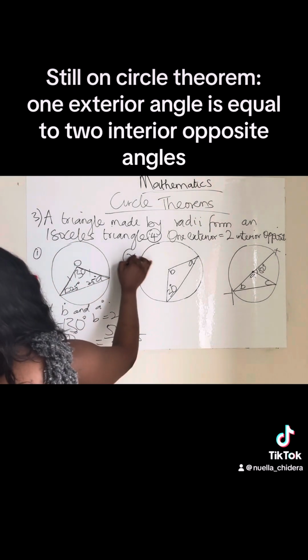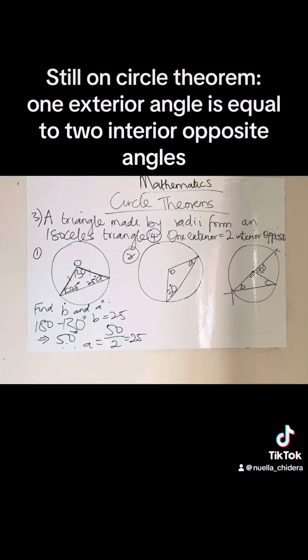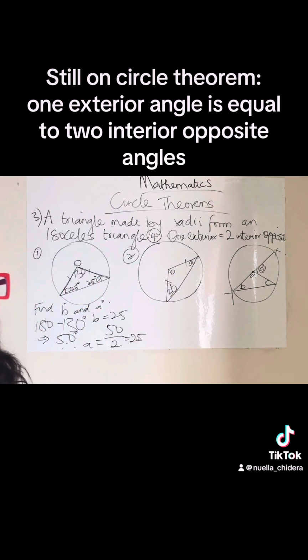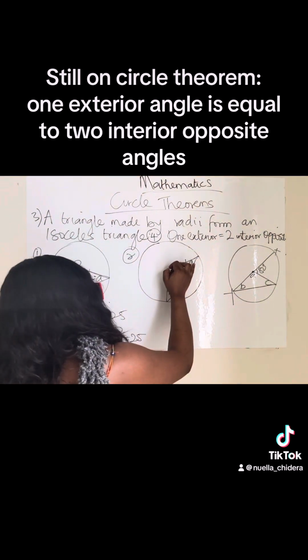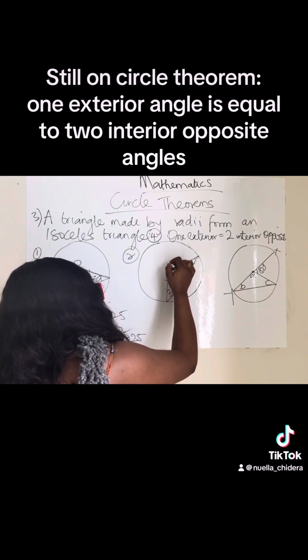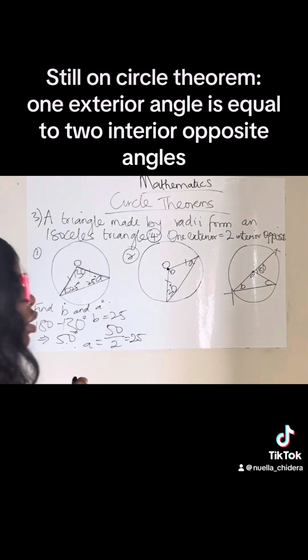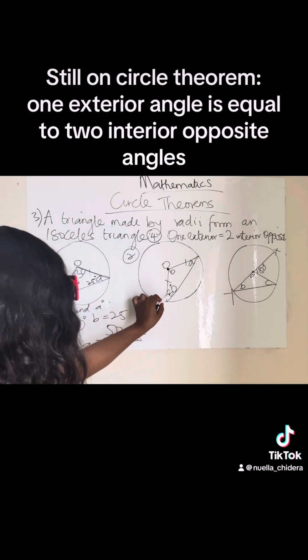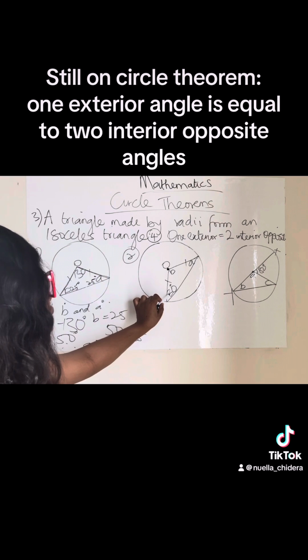So number 2 is also similar, but this time around we have been given one of the base angles. This is the center of the circle, O. So if this is the center of the circle, we have been given one of the base angles to be 30 degrees.